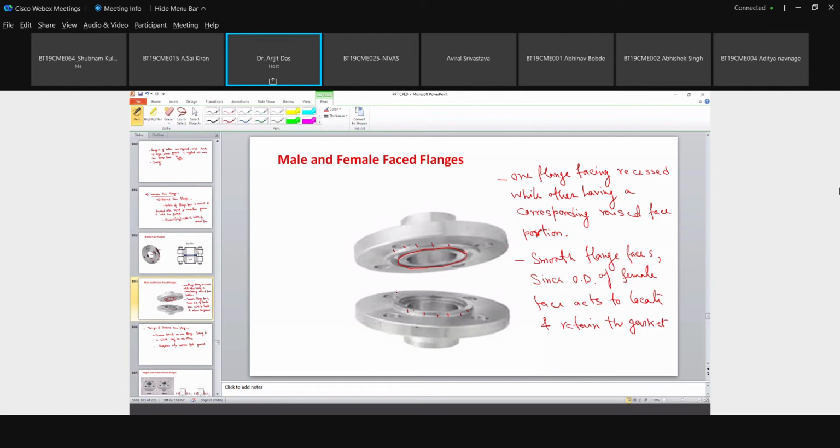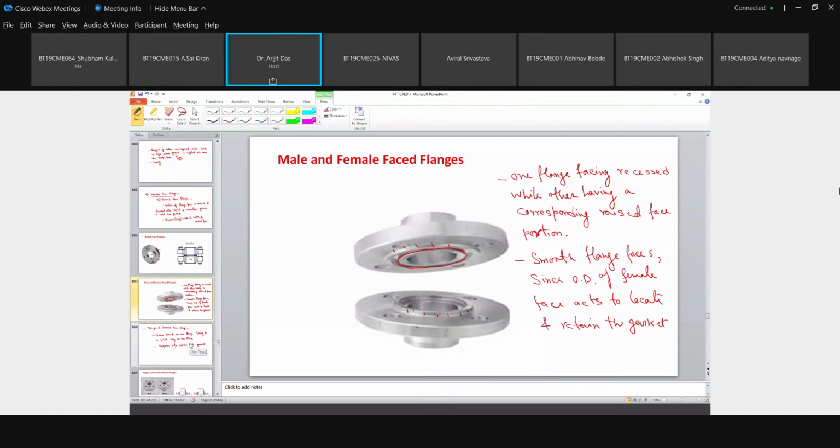So this raised portion can be fitted into the other flange's recessed portion, and in between there should be a gasket for leakage proofing. So this type of flange is known as the male and female faced flange.